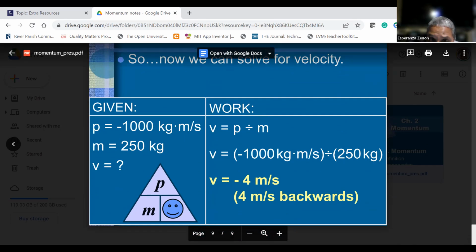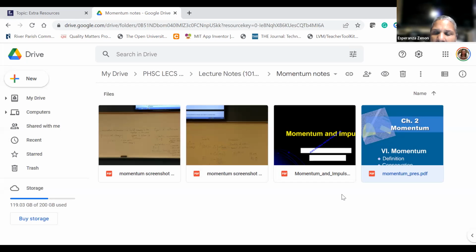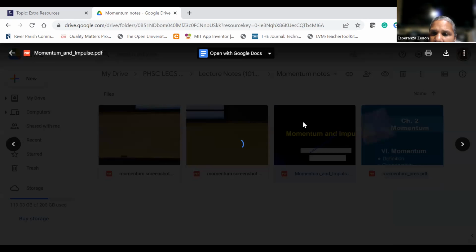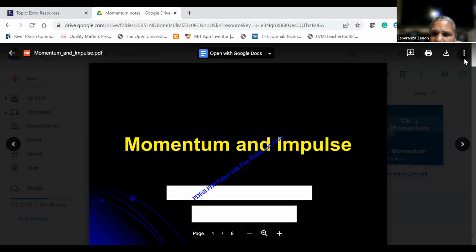Velocity is a vector. The negative sign tells me that the cannon recoils backwards. Positive means forward, so negative has to be backwards. Okay? So those are some examples of utilizing the momentum formula and the momentum conservation formula.